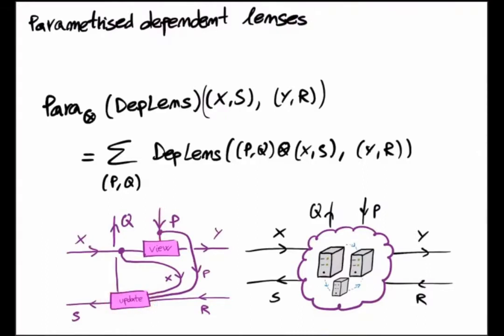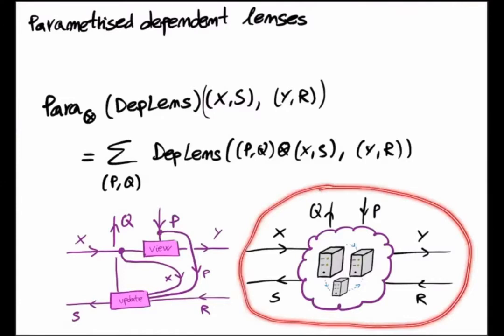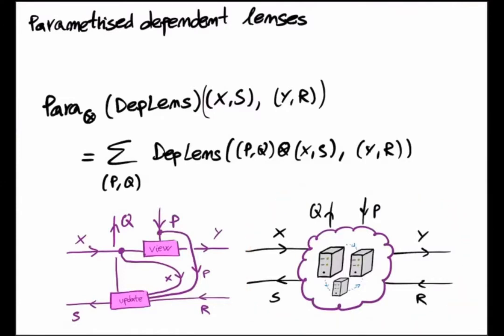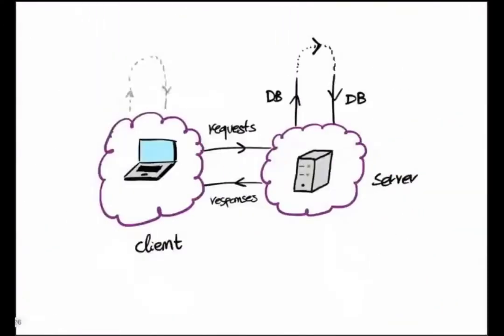So now the update depends not only on the request of the client, but also on the state of the server. And what we give back is not just a response to the network, but also an update of the private state. So in this sense, a dependent lens now represents a stateful channel of communication. And this is now the client server picture that we have in mind.